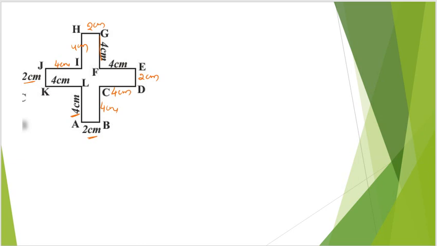Now look at the figure. How many 4s are there? First of all, count them: 1, 2, 3, 4, 5, 6, 7, 8.